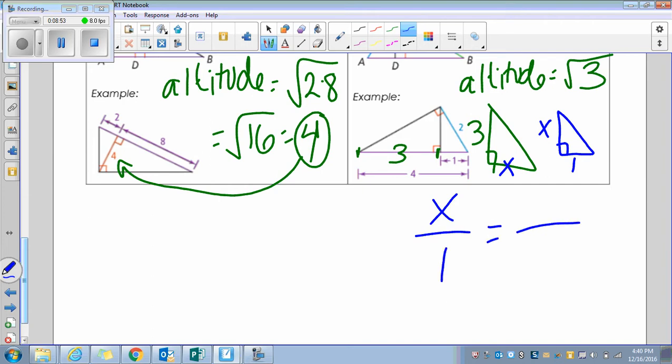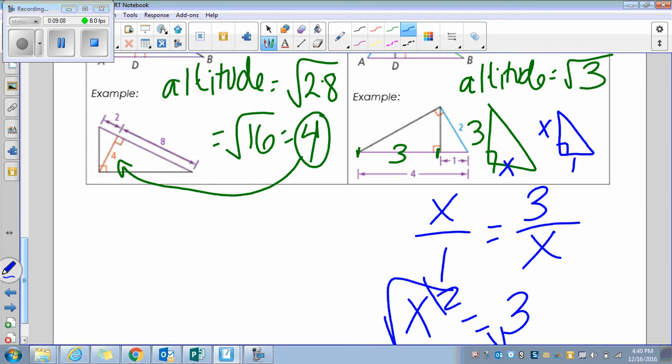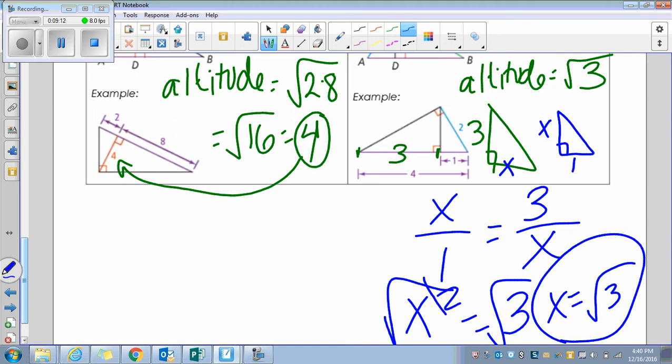Let's set up a ratio, so we'll set that equal to the heights of both, which we said are 3 and x respectively. So if you cross multiply and solve, you will get x squared equal to 3. And when you square root both, you will get x equal to the square root of 3, just like we said up above what the altitude should be.